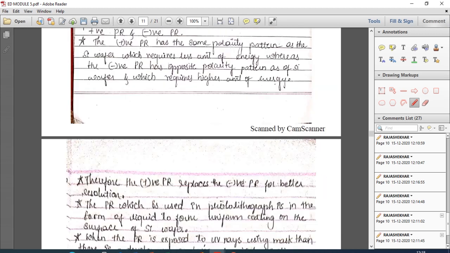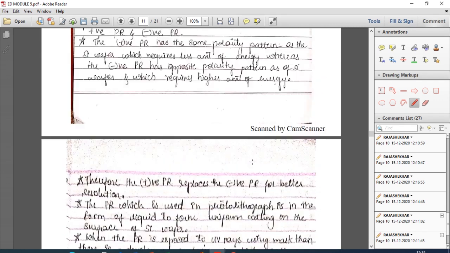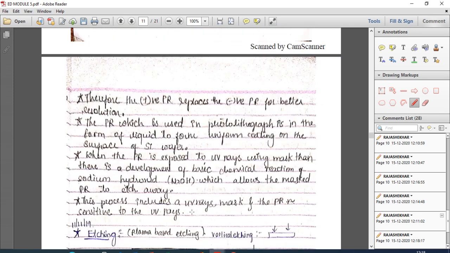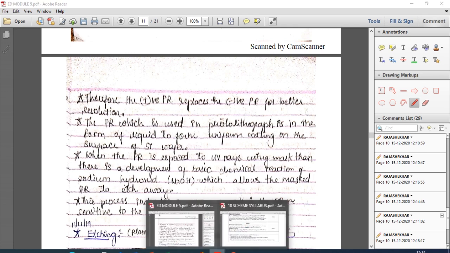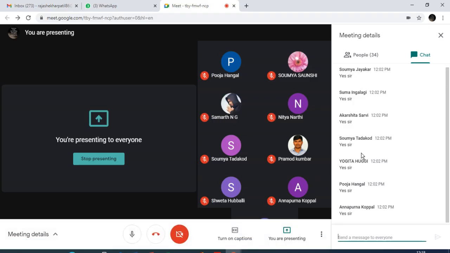So this is about photoresist, and here is the explanation about photoresist. You can start from this explanation and end here. The same thing which we have discussed right now. Very simple concept. Hope it is clear for everyone about photolithography.